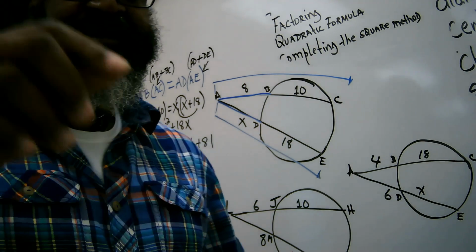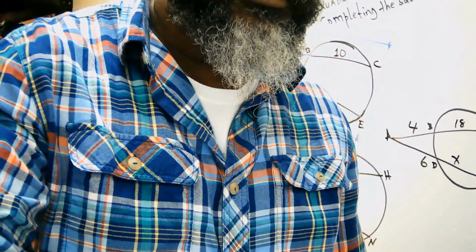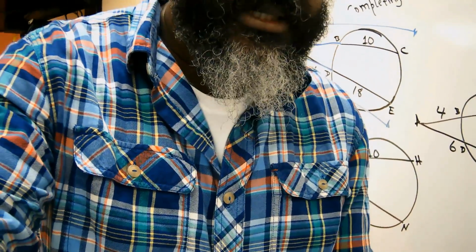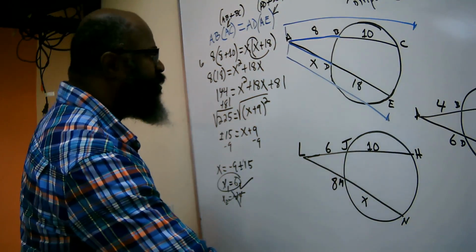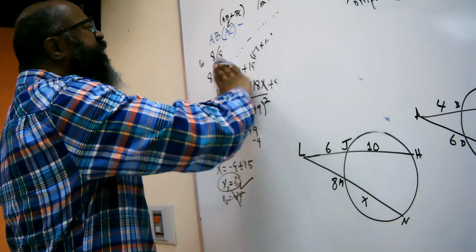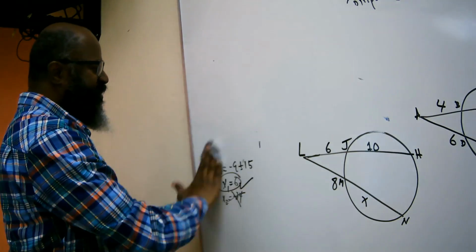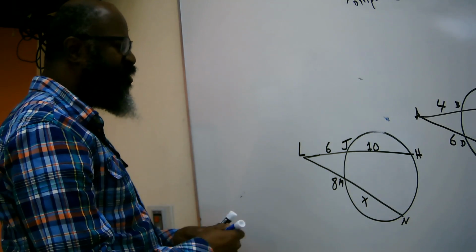Alright, now let's continue with the next problem. Your prior knowledge is extremely important in this lesson. For the second problem, you may use some of that mess. So you will end up with the following situation. That will be LJ, which is the external part.